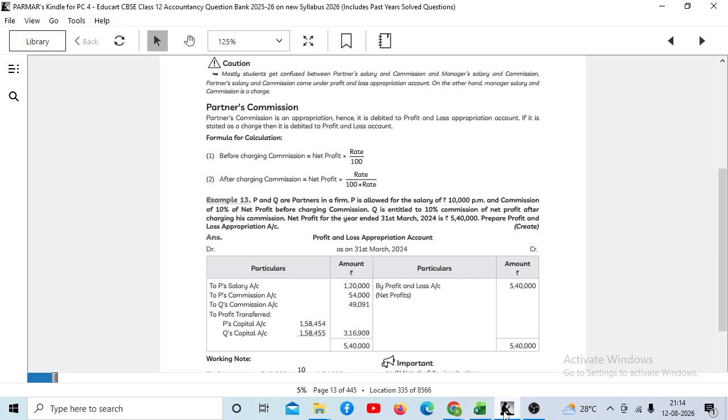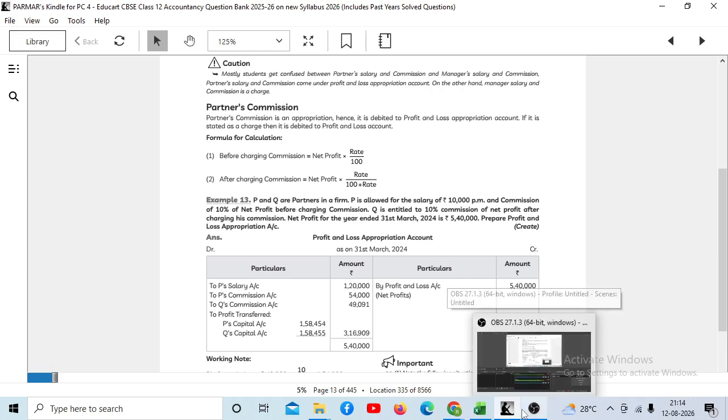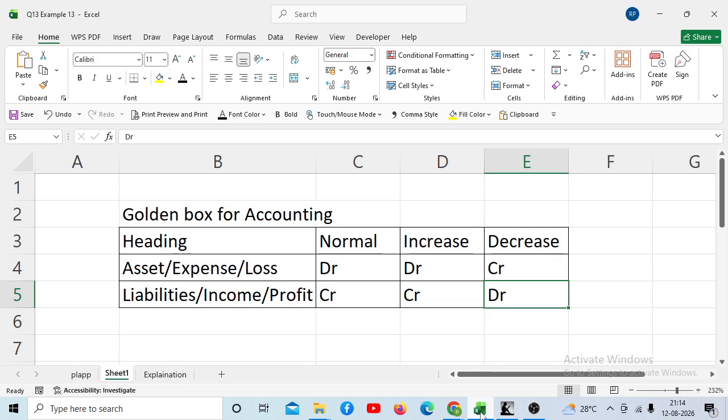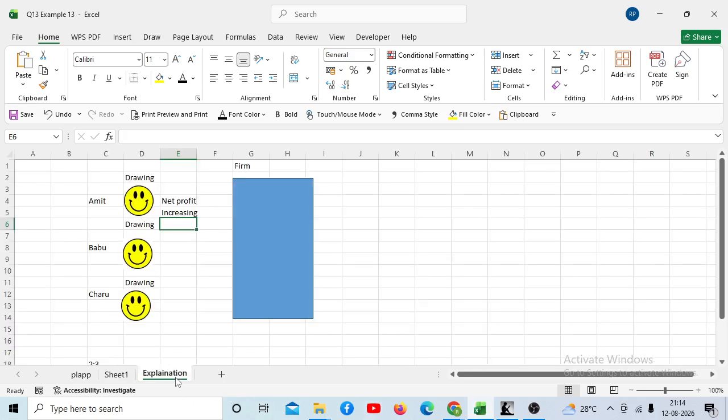P and Q are partners in a firm. P is allowed a salary of 10,000 per month. And commission, so we will talk about commission afterwards. Let us see what is happening in the firm first.